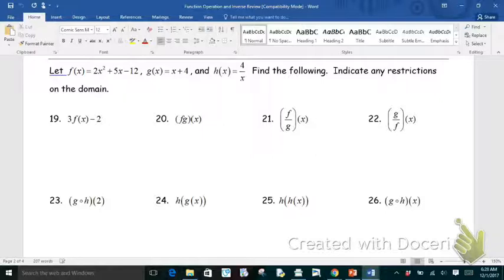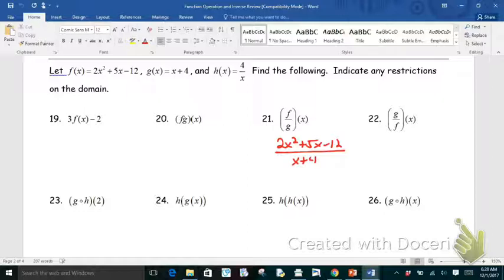Alright, so moving along with those. Problem 21. Let's evaluate. We have f divided by g, which is going to be f of x divided by g of x. So in this case, f of x, we're going to end up with 2x squared plus 5x minus 12, that's my f of x, over g of x, which is x plus 4.